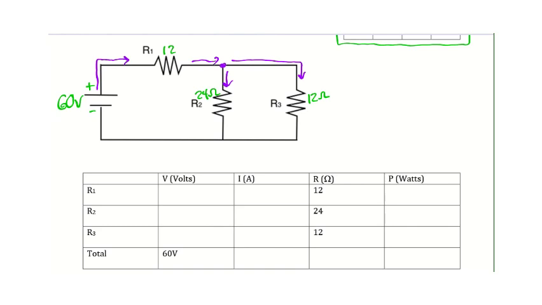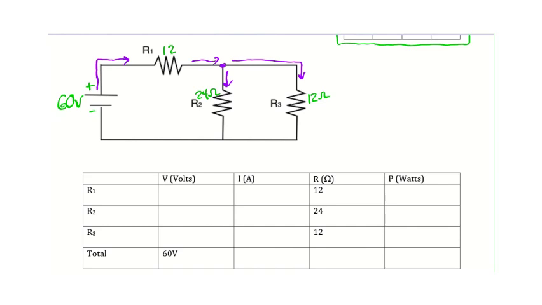So our goal with the combination circuit is to simplify it to be a series circuit. And then we're going to work backwards to figure out the current or the voltage in each piece. So, as we've already pointed out, resistor 2 and resistor 3 are in parallel.